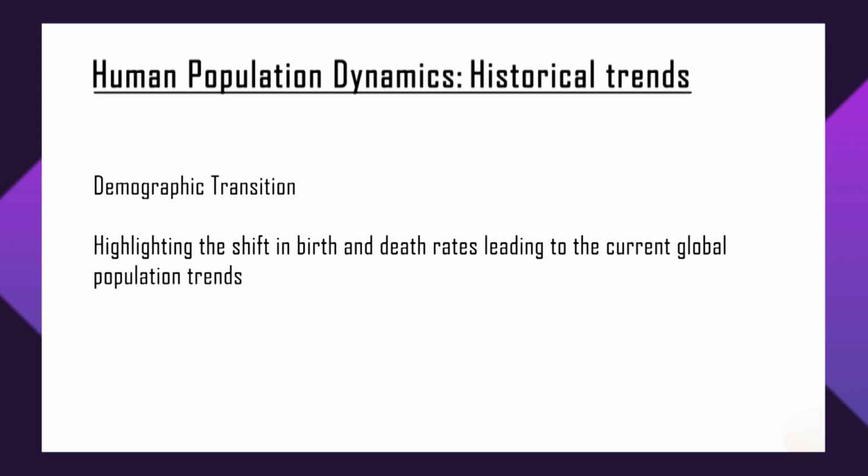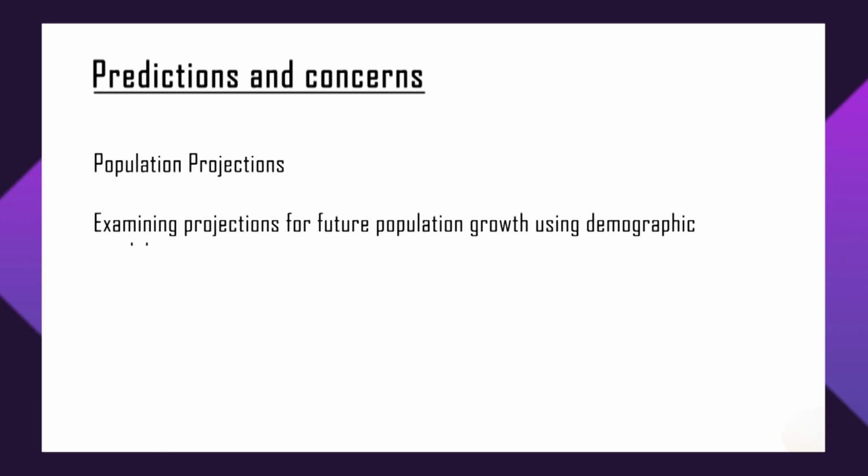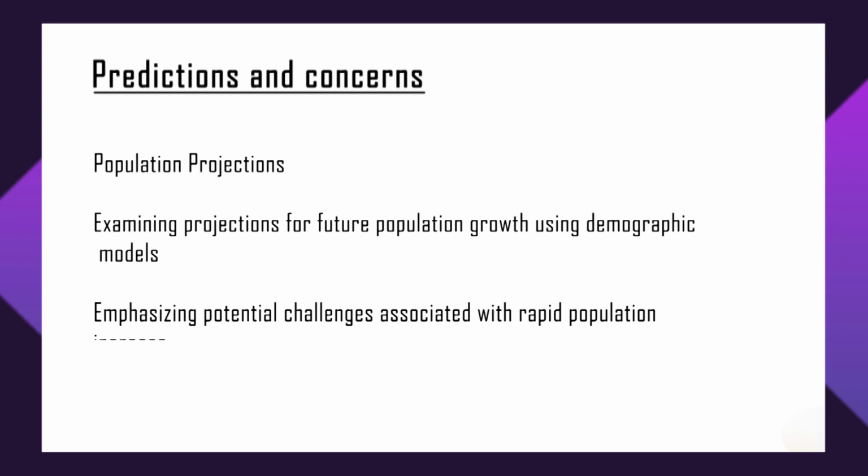It is also very essential for us to predict these different trajectories. So, in this prediction part, we will talk about population projections. These examine the projections for future population growth using demographic models, emphasizing the potential challenges associated with rapid population increases over time.